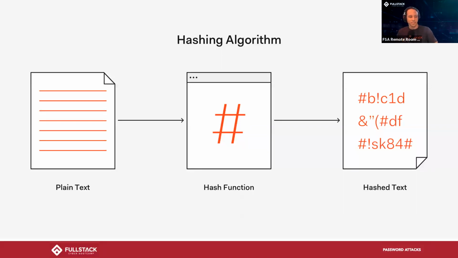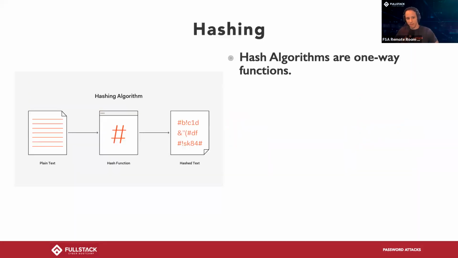So you could take files, take anything, put it in a hash function, and look at the hashed text or digest. If two hashes are different, that must mean their plain text must be different. So the important thing to know is that hash functions are one way.